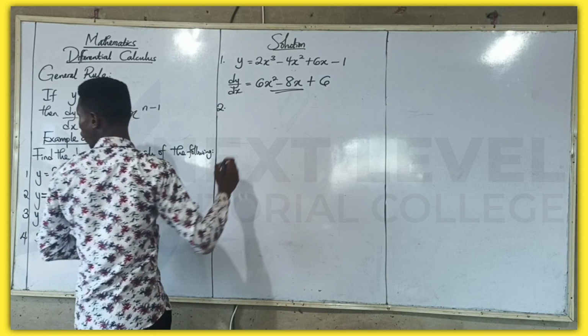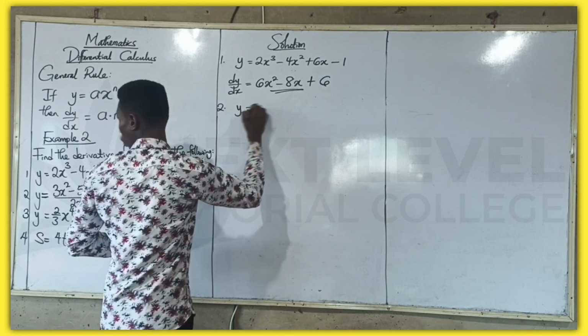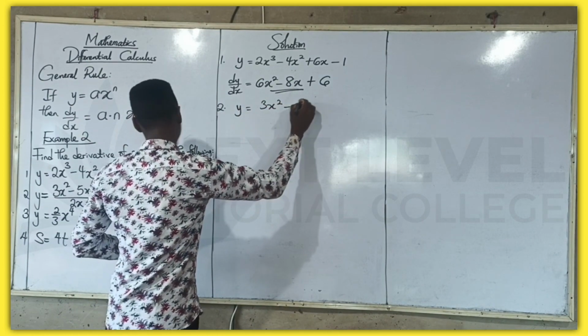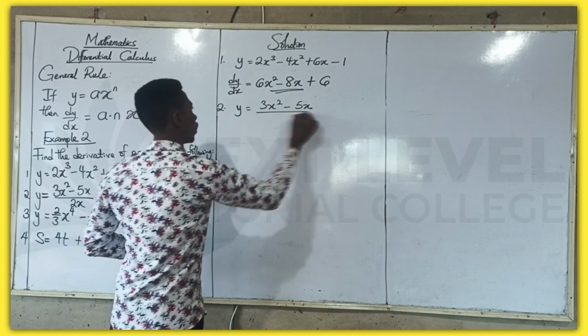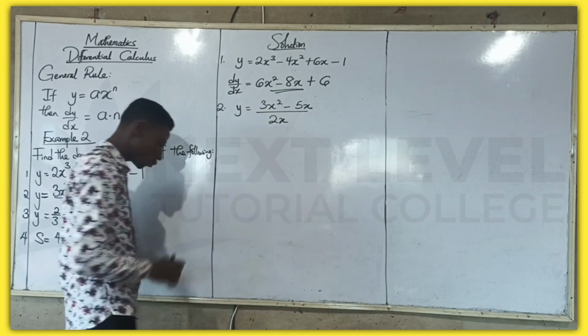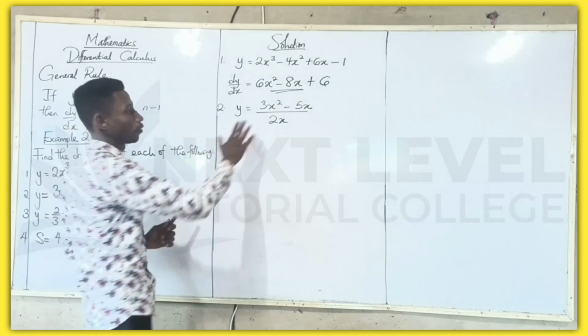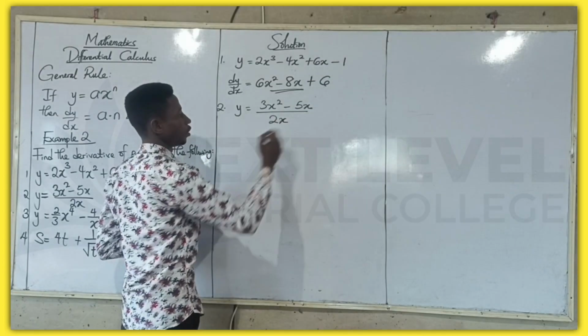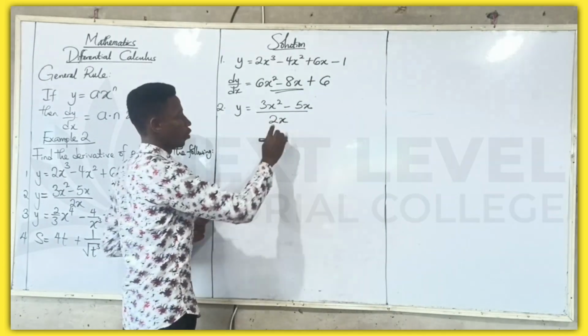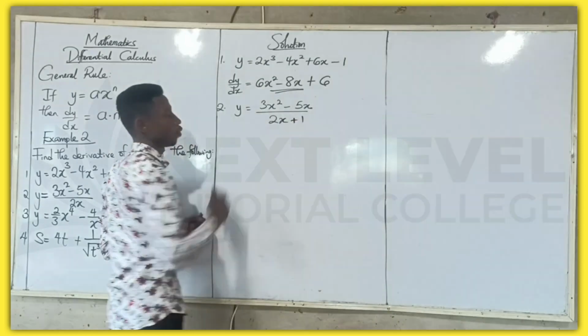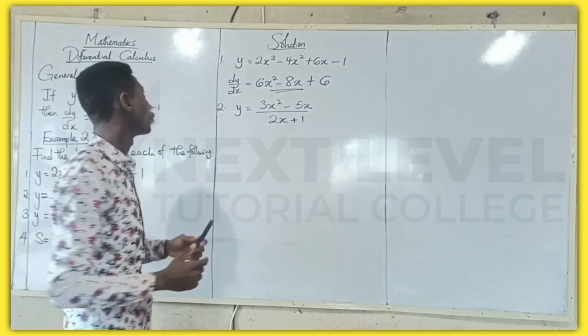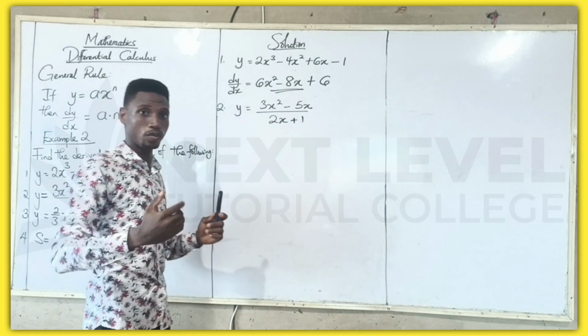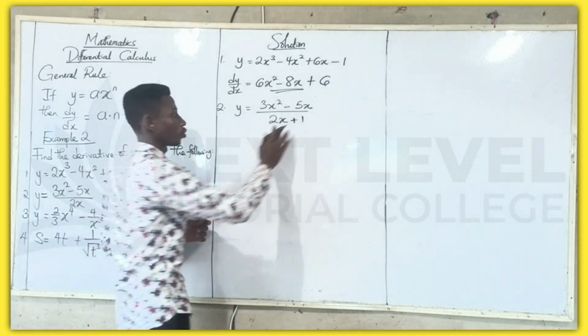Number 2, we have y equals 3x squared minus 5x all over 2x. Now, suppose what we have down here is more than one term, say 2x plus 1. We would apply a rule of calculus, which we'll be making a video on very soon.